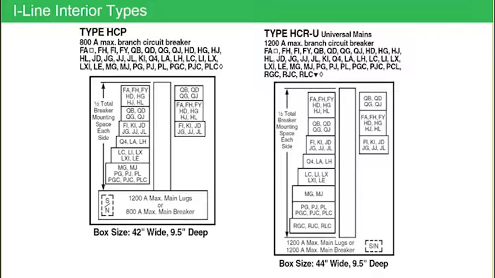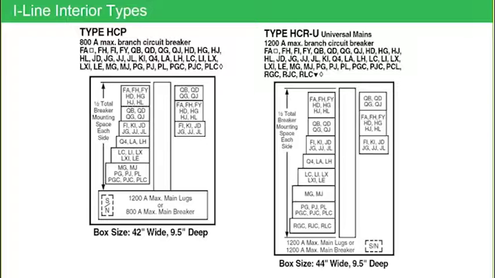So as we look at this illustration for an HCR-U, let's say that that is our customer's application. That's all of the breakers that my customer wants. Well, most likely that R frame down in the lower left-hand corner is going to serve as the back-fed main. And you probably see why we list the smaller ampacity breakers at the top, because when we get into these two interiors, we just start stacking those larger ampacity, larger frame breakers at the bottom.